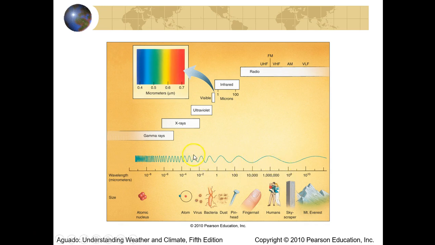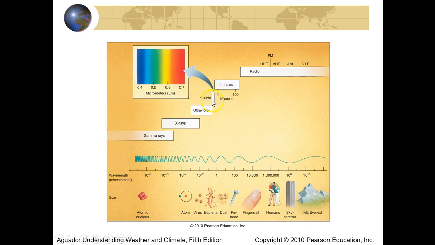However, depending upon that temperature, they emit different wavelengths. So the sun, being really warm, tends to produce what we call short wave or high frequency radiation, whereas the Earth is much cooler and tends to emit more radiation in the longer wavelengths, the long wave and low frequency radiation.